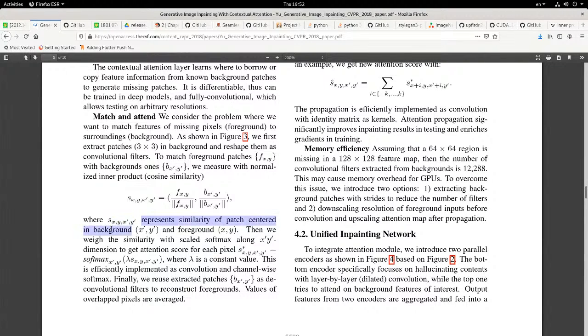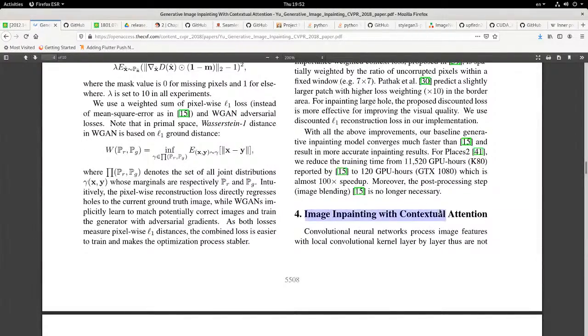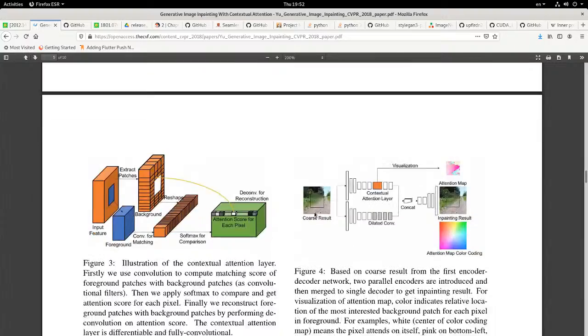Similarity of patch centered in background and foreground. Okay, so that's what this section is called.